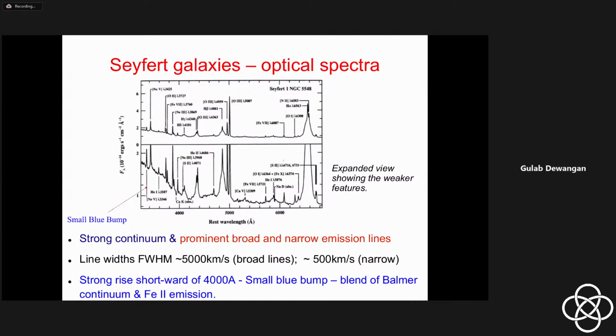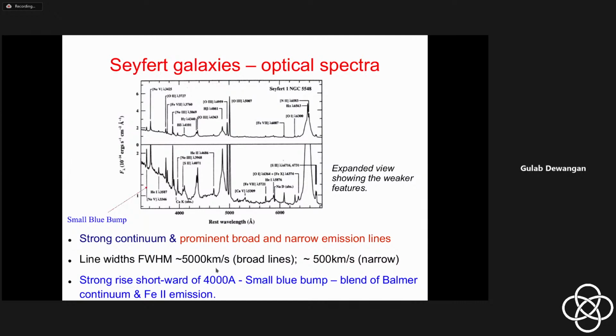And the lower panel is essentially an expanded view of the spectrum, and here I wanted to show that below about 4,000 angstrom there is an excess emission compared to the continuum in other parts. This is called the small blue bump, and this is due to a number of transitions in the iron 2 element, the so-called iron 2 complex, as well as due to the Balmer continuum emission.